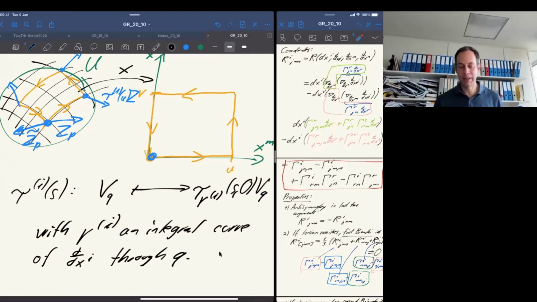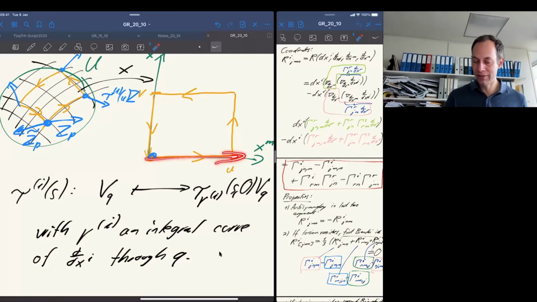Okay, that sounds a bit complicated, but it's actually just what the picture says. So maybe you should start reading this and say, if I have a vector v_q and want to apply this map to it, what I do, I take a curve, which I call gamma, which is an integral curve of d to the dx^i. So it means it's corresponding to a curve where I just increase the i-th coordinate. So if I were in R^m, it would just be a curve which, like this, goes just into the right direction in the coordinate space, in the coordinate representation.